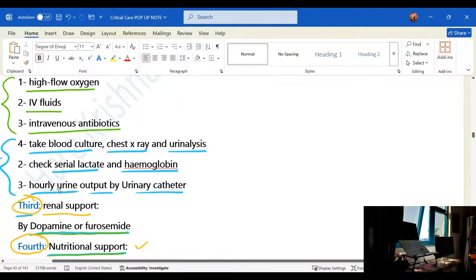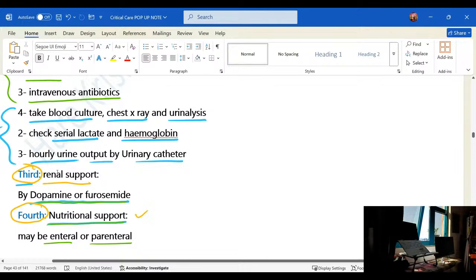Then take blood for culture and baseline investigations: culture, lactate, hemoglobin level, chest X-ray, urine analysis. And to monitor response, insert a urinary catheter and hourly monitor urine output.